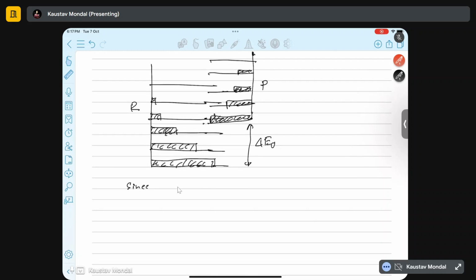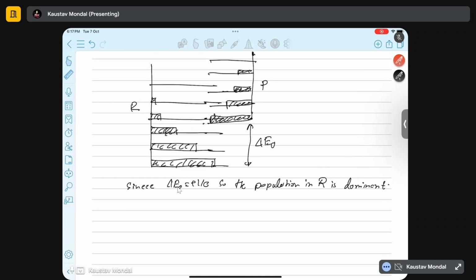Since delta E0 is positive, the population in R is dominant.